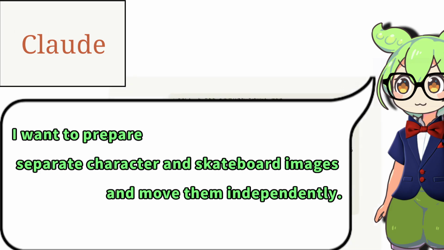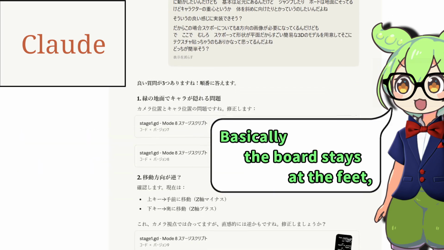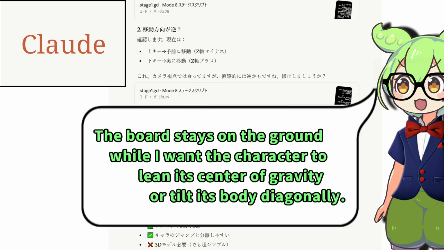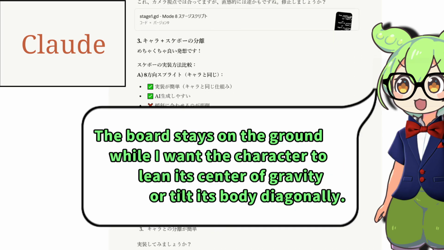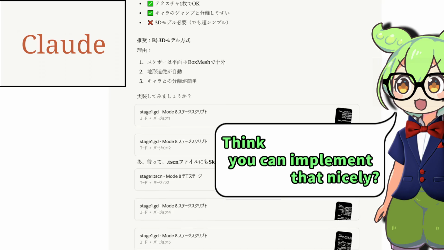I want to prepare separate character and skateboard images and move them independently. Basically, the board stays at the feet. But when jumping, the board stays on the ground while I want the character to lean its center of gravity or tilt its body diagonally. Think you can implement that nicely?